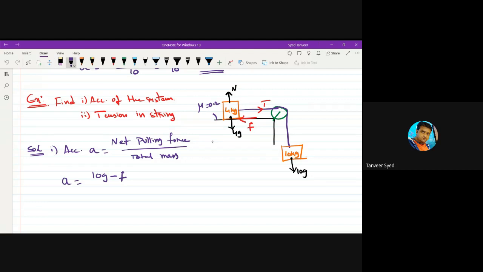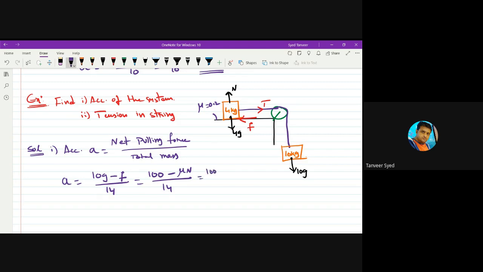Then net pulling force is 10g minus friction, divided by total mass, 10 plus 4, 14. 10g is 100, minus friction, which is mu N, divided by 14.